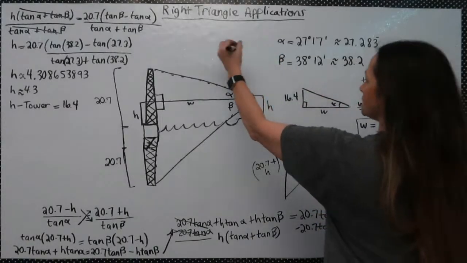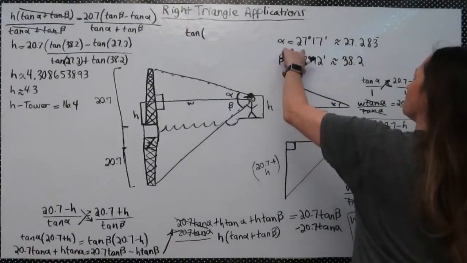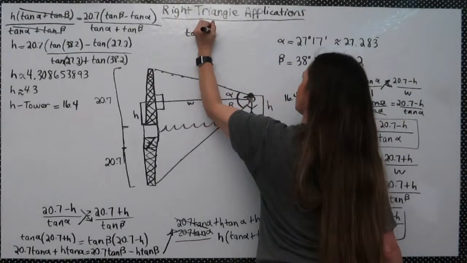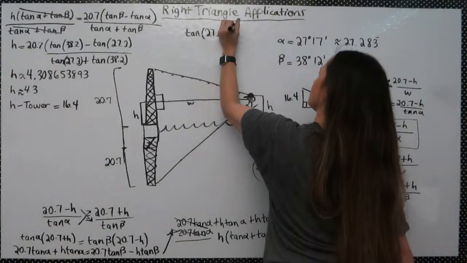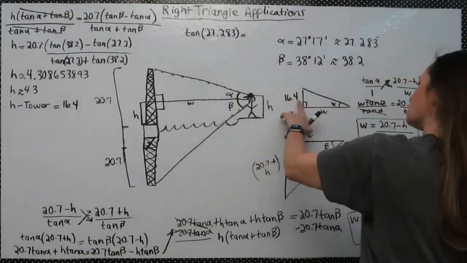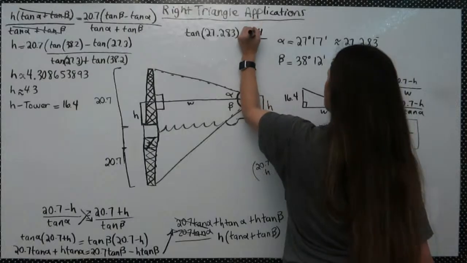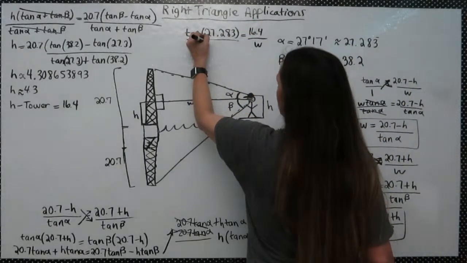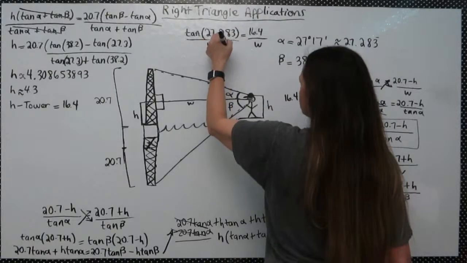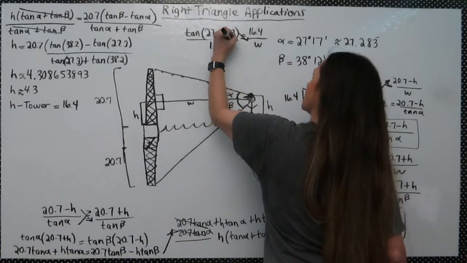So we're going to say tan alpha. And instead of alpha, we'll go ahead and plug in alpha this time. Tan 27.3 equals opposite over adjacent. So that's 16.4 divided by W. And then now all we have to do is solve for W. Cross multiplication.